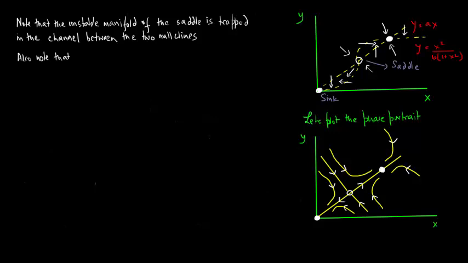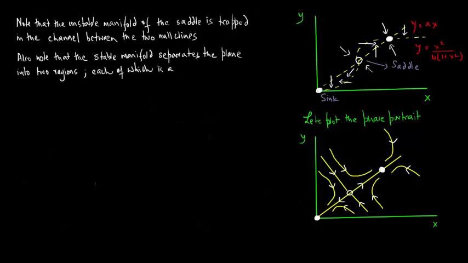Also note that the stable manifold separates the plane into 2 regions, each of which is a basin of attraction for a sink.